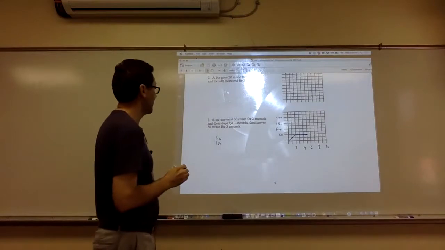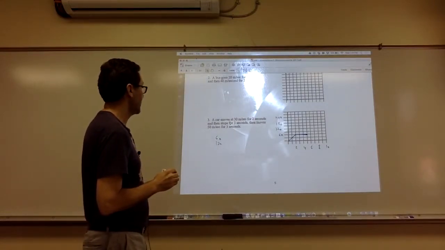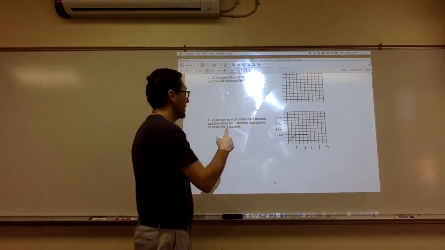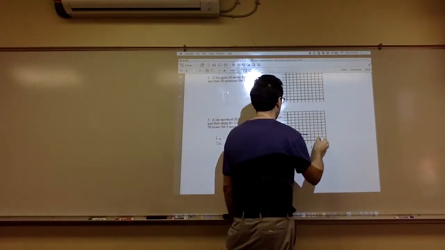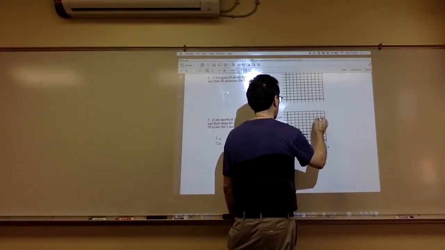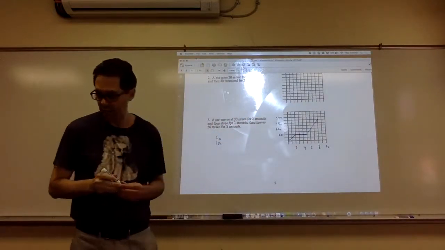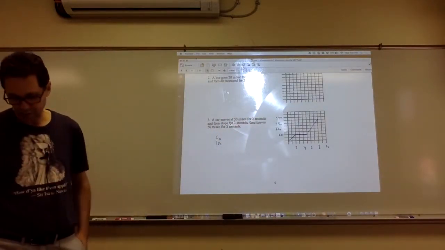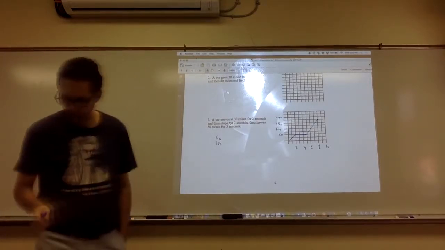And then from 5 seconds to 8 seconds, I go 150 meters. So it's 150 from the 60. So I should be at the 210. So 210 is pretty much right there. Yeah. Should look like that. So these are considered extremely, extremely easy. Okay? So I think I got that right.